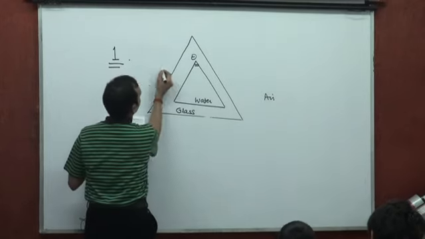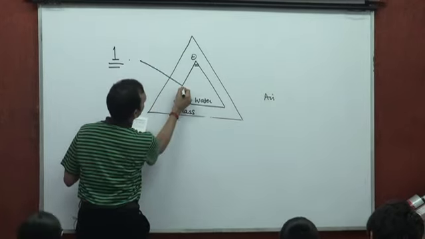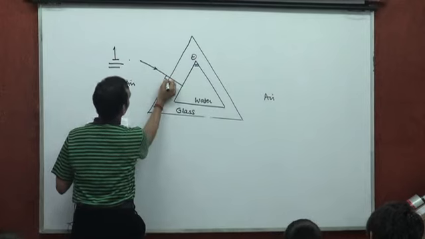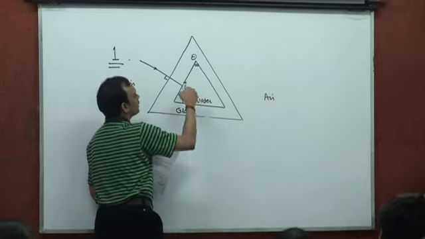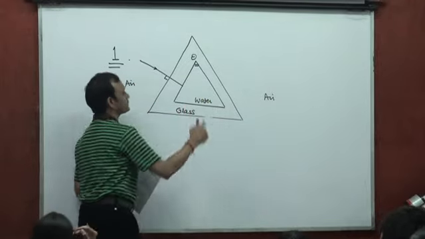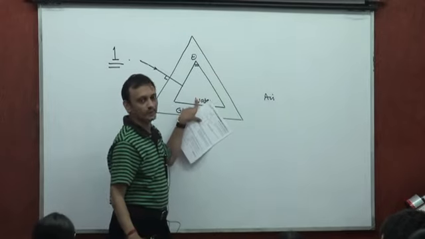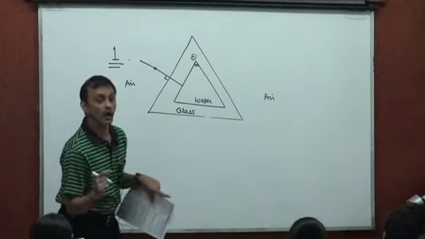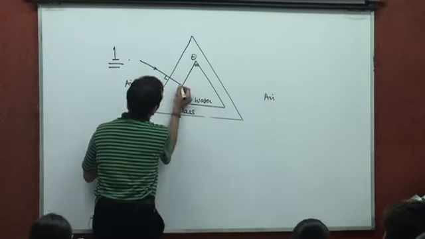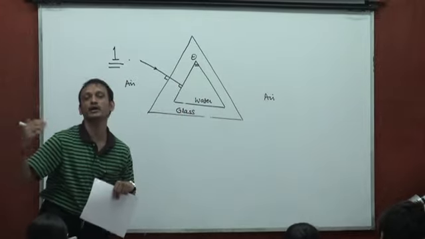So, we have a ray of light which is incident normally at the air-glass interface, it goes undeviated. And then, the glass-water interface is going from 1.5 to 1.33. That means from denser to rarer medium, it's going to bend away from the normal. Now, in this case, it's incident normally, so it will not undergo any deviation.